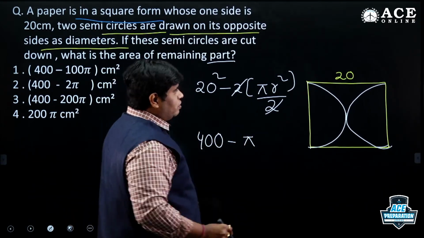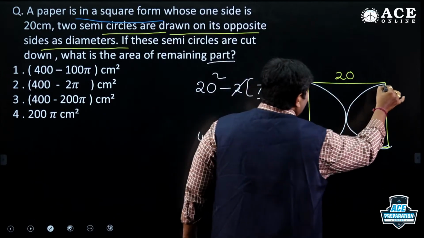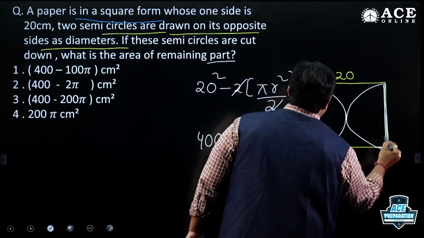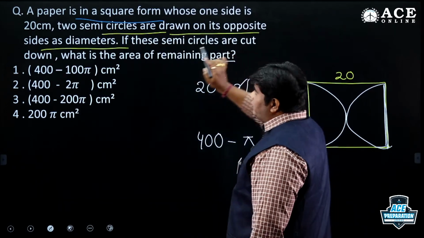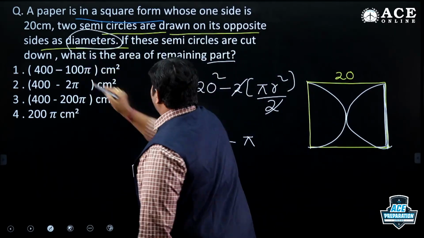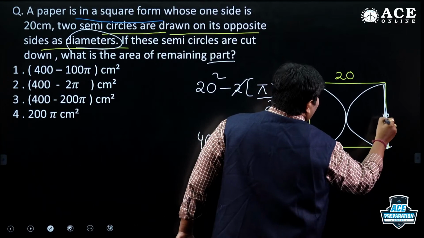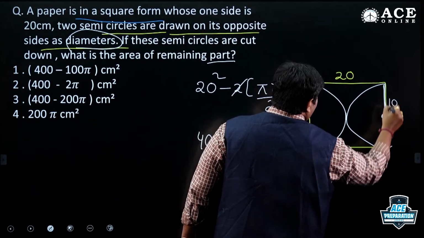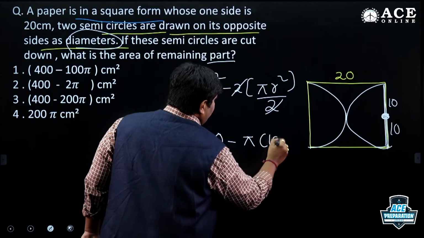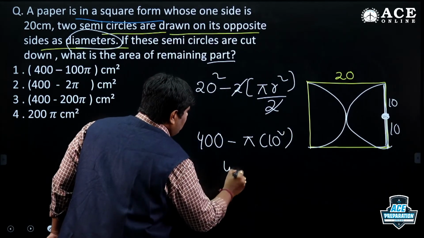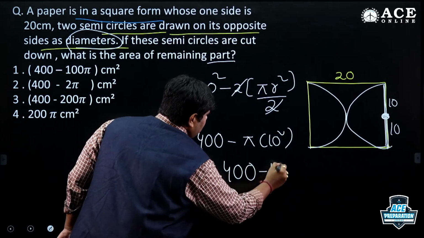What is the radius? The side is assumed as a diameter. They mentioned clearly here that the two semicircles are drawn on its opposite sides as a diameter. So this is the diameter, I want the radius. Radius means 10. Pi r square, so 10 square. So the answer is 400 minus 100 pi.